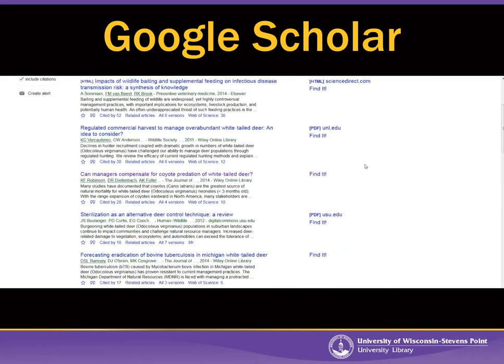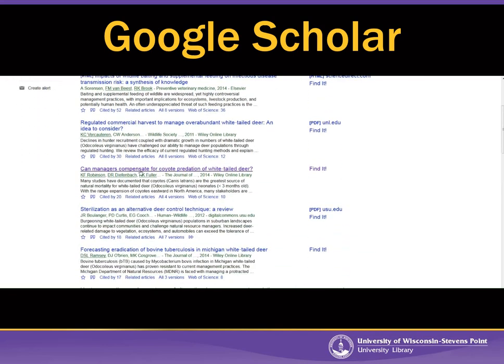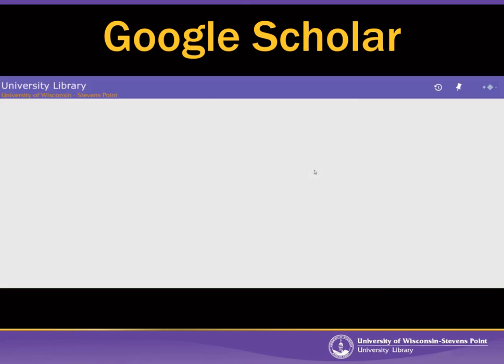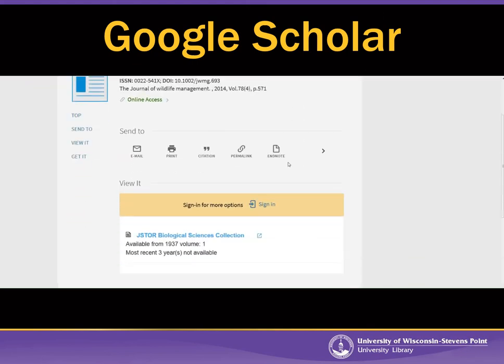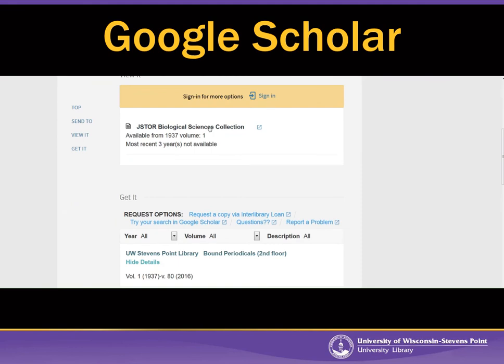So let's say that you wanted this article. Can managers compensate for coyote predation of white-tailed deer? Well, the PDF isn't available, but here's the Find It button. So I'm going to click on the Find It button. And Find It is going to tell me that the full text of this article is available in the UWSP library database.